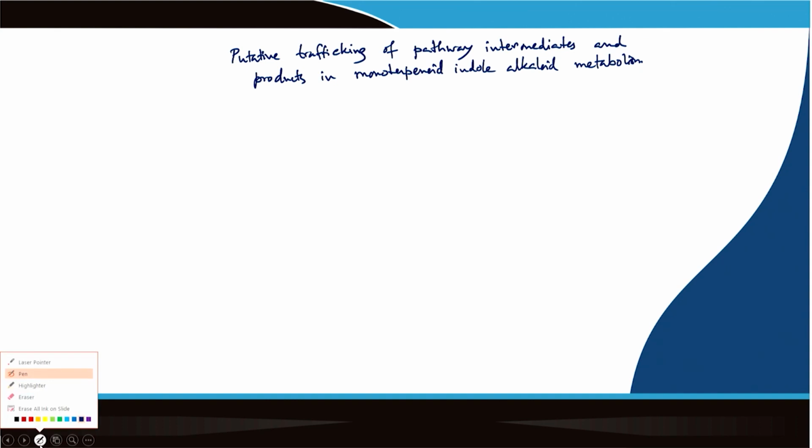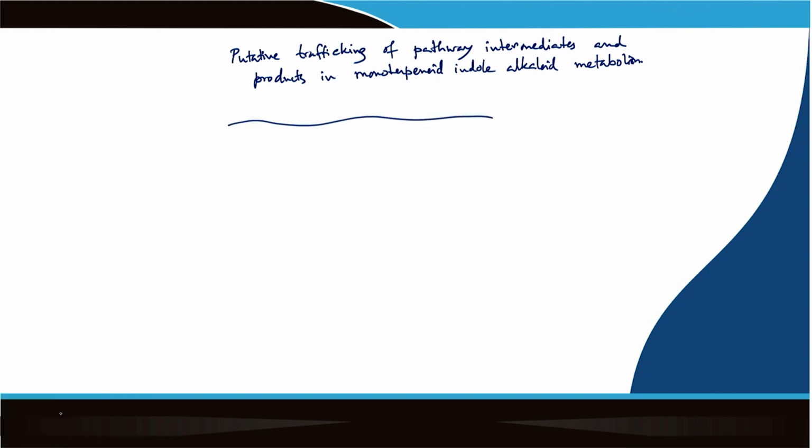transverse section of the leaf. Say on the top of it is a cuticle layer, and then next to the cuticle is basically the epidermis.